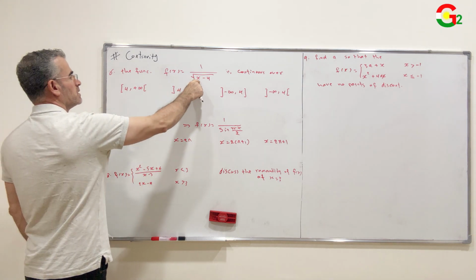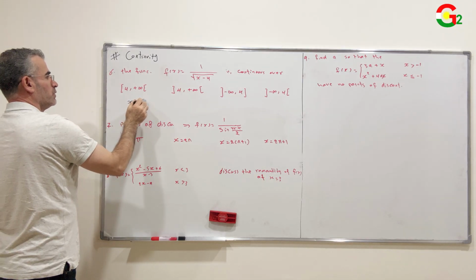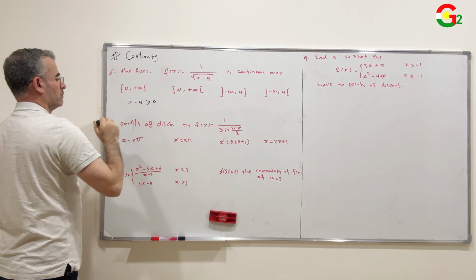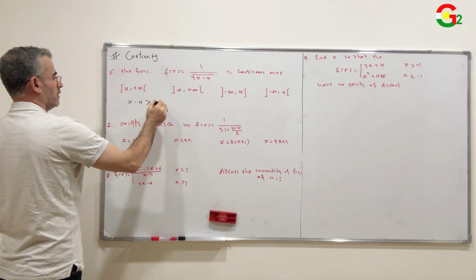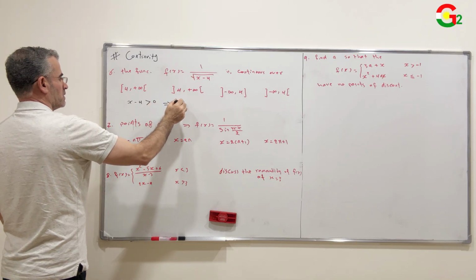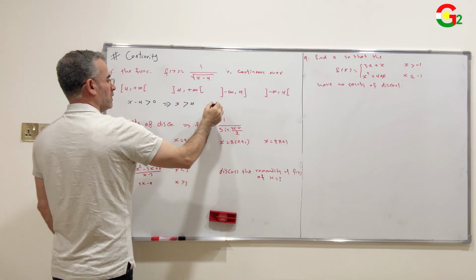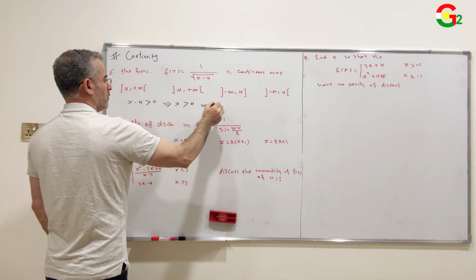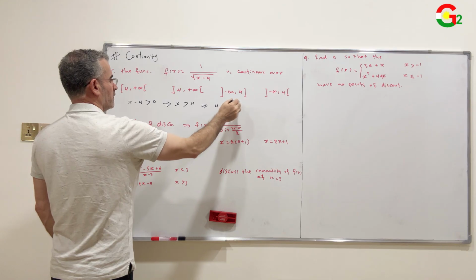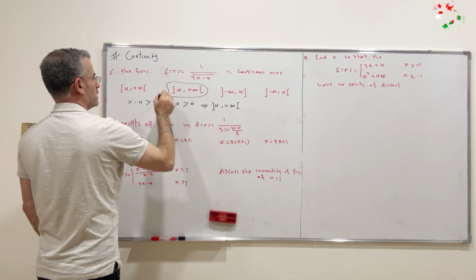The domain: x - 4 should be greater than 0, not greater than or equal. x - 4 > 0 means x > 4, which is 4 to positive infinity, open interval. The right choice is B.